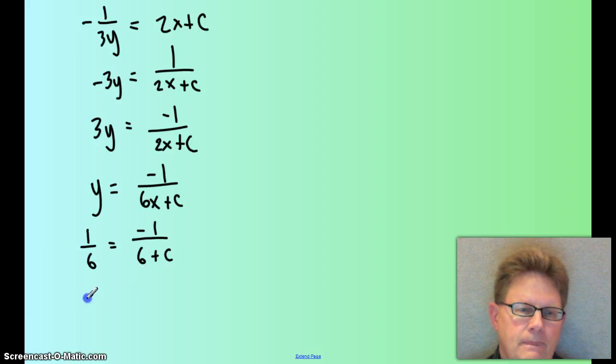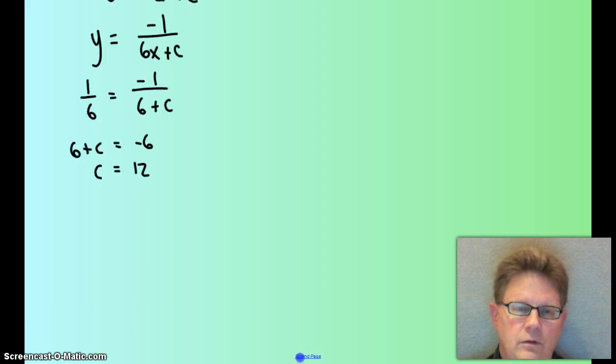Or you could just cross multiply as well. 6 plus c equals negative 6. Subtract 6 from both sides, c is 12. So the original function was y equals negative 1 over 6x plus 12.